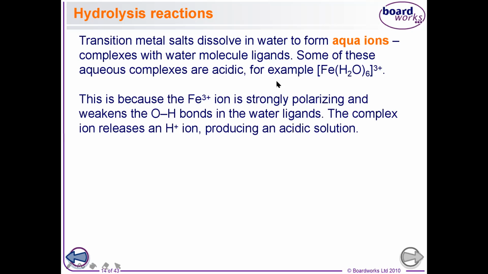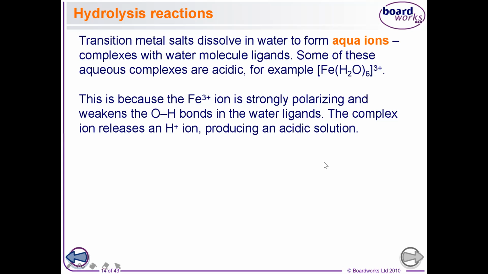Now, this is acidic because the iron 3+ ion is strongly polarizing, and it weakens the oxygen-hydrogen bonds in the water ligands. Now, the complex ion releases hydronium or hydrogen ion, producing an acidic solution.